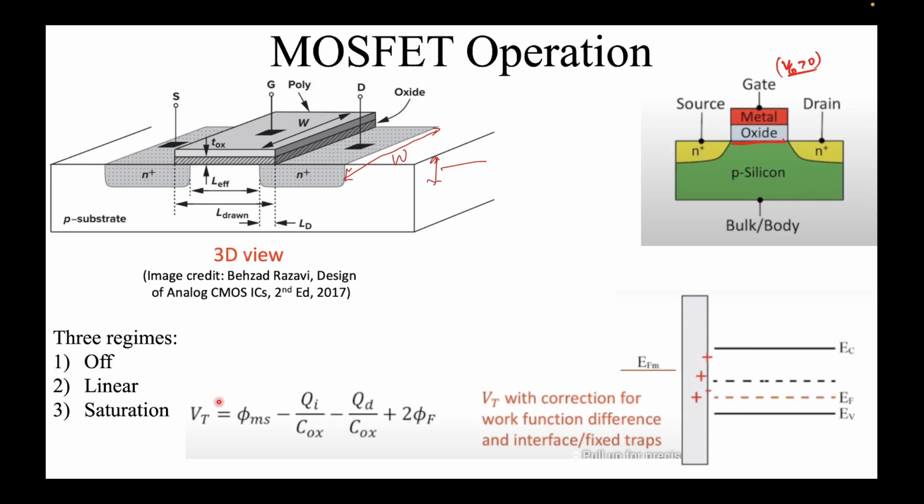Again, this formula is just taken directly from what we had in MOSCAP, right? So the first 2 terms, if you recall, is also known as VFB, flat band. The first term was coming from the metal semiconductor work function difference, and this QOX by COX was due to the trap charges that we might have inside this oxide layer.